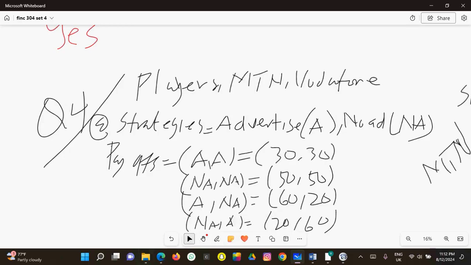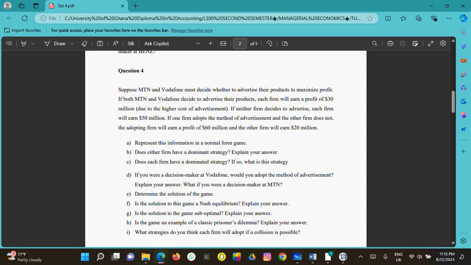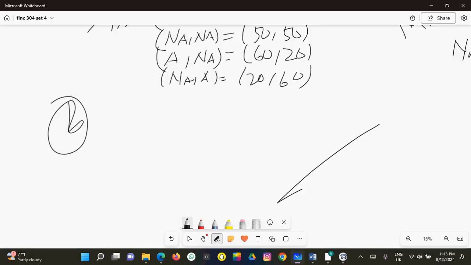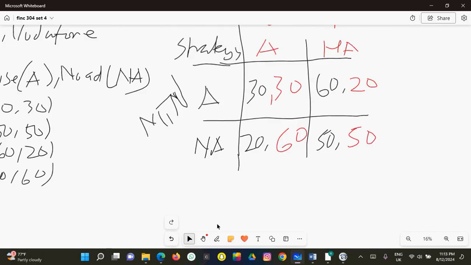Now B. Does either firm have a dominant strategy? Let's check whether either firm has a dominant strategy. All right. So now checking for the dominant strategy, from the perspective of Vodafone.